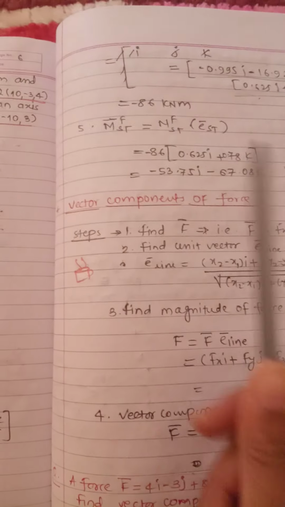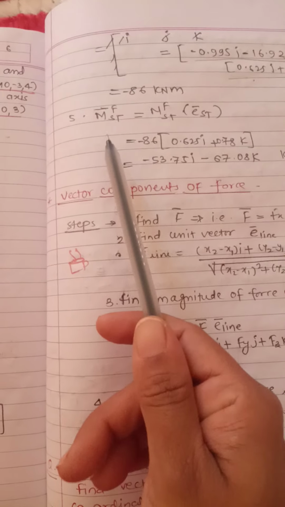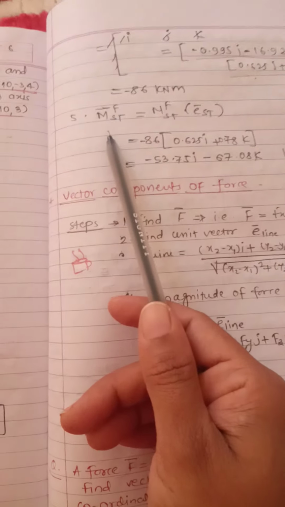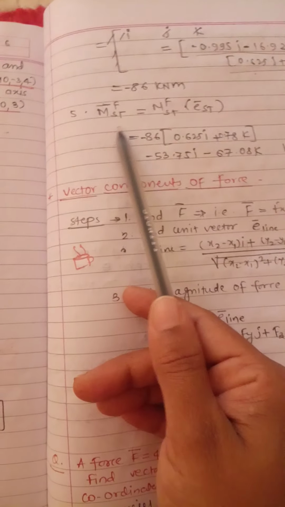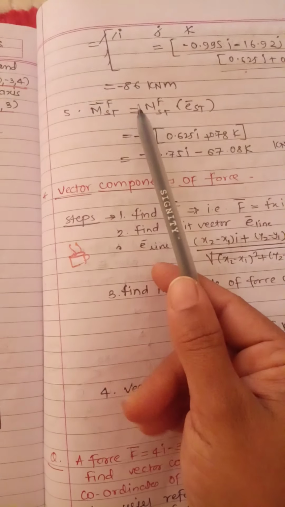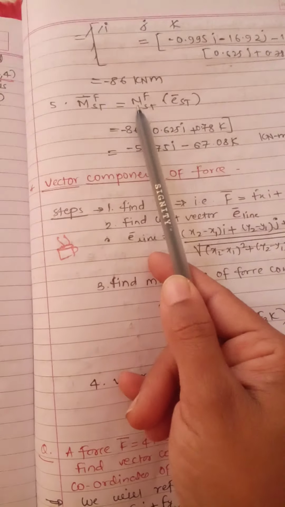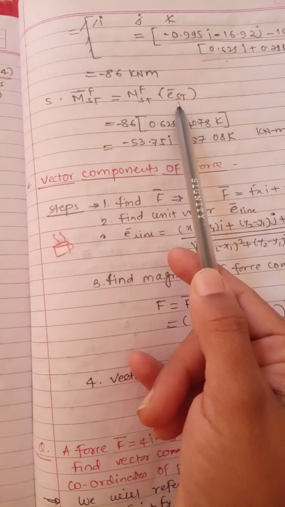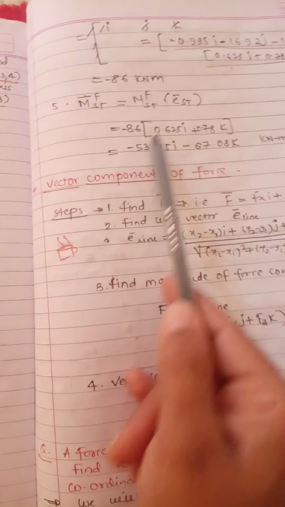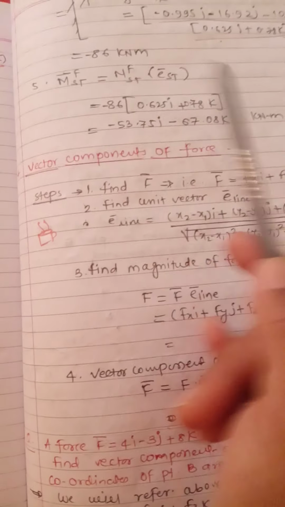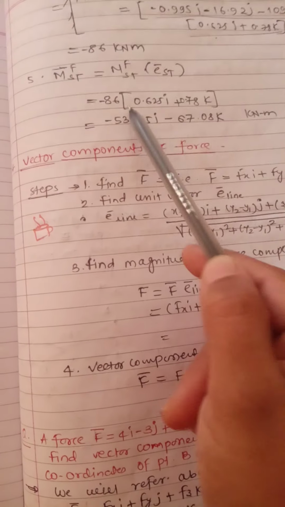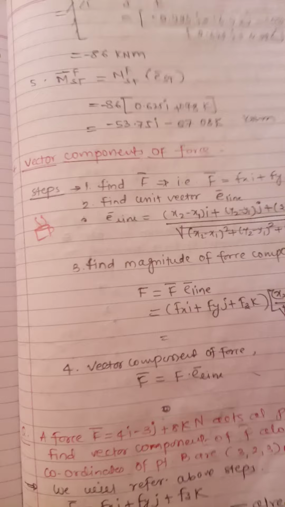Then the moment of that force about ST is the moment of force about ST into the unit vector of ST. This value is 86. Put that value, and e_ST is very much known to you, just now we have worked it out. Put that in the equation and multiply it, you will get the answer.